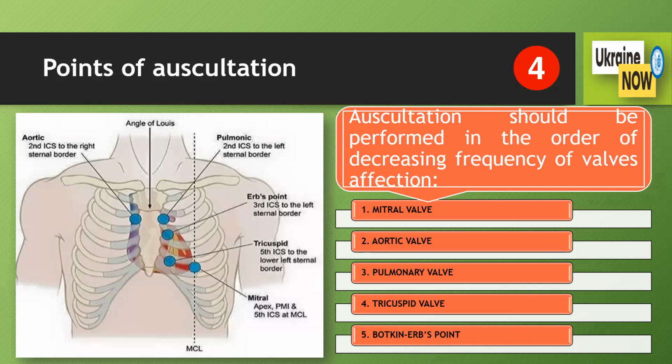Valves of the pulmonary tract are best heard at its anatomical projection onto the chest, mainly in the second intercostal space to the left of the sternum. Aortic valves are best heard in the second intercostal space to the right of the sternum, opposite to pulmonary valve, where the aorta is the nearest to the anterior chest wall.